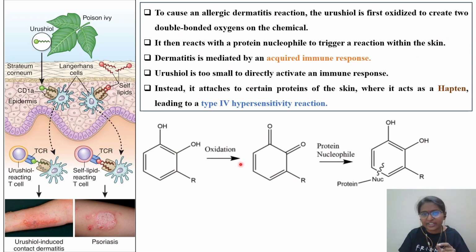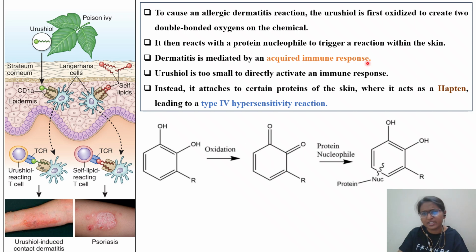It undergoes oxidation, and this OH becomes a ketone, oxidized to create a double-bonded oxygen on the chemical, right? Then it will come in contact with your DNA or protein nucleophiles, to trigger a reaction within the skin. Once it comes in contact with the protein, only then will that complex be formed.